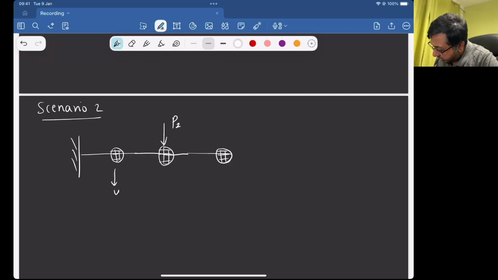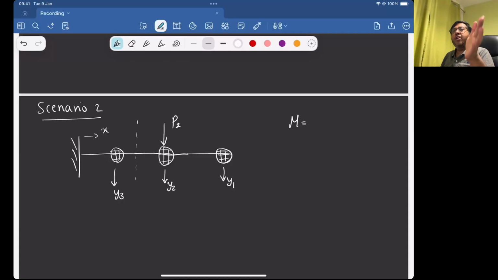Again I have Y3, Y2 and Y1. So now the moment acting at any point X on the left side of this load I can write; there's no moment acting on the right side of the load. If you remember your structures 1, let's say if we have this beam, let's go back and look at the scale that I have here.